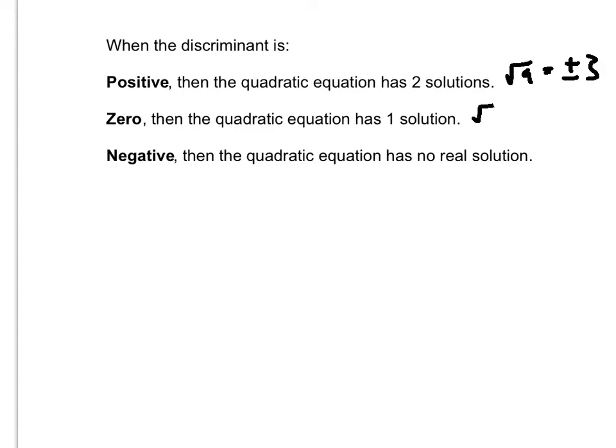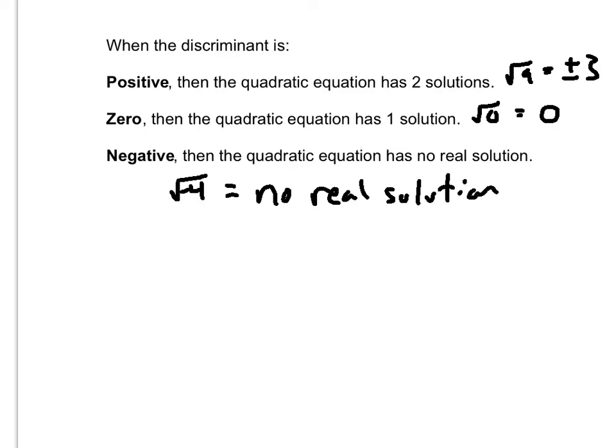Likewise, when we solve b squared minus 4ac and get 0 underneath the radical as the discriminant, then there's only one solution, and that solution is 0. Then if our discriminant is negative, there's no real solution. All we have is an imaginary solution. Again, we do have a solution, imaginary numbers, but no real solution to it.